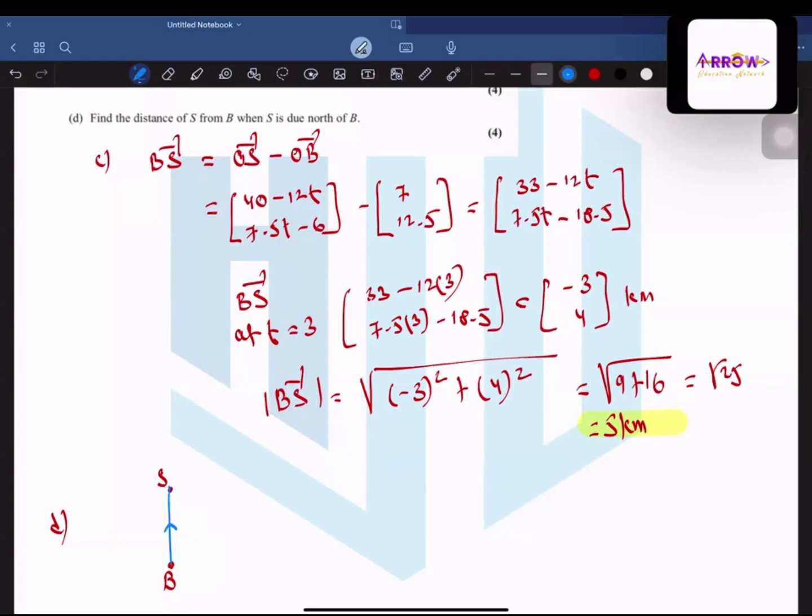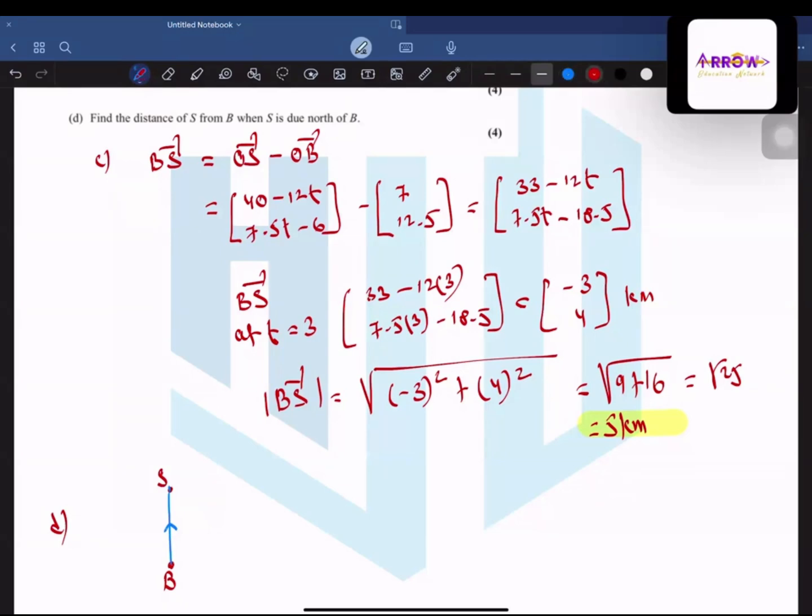Obviously we would need to find a value of t here. Once we are able to find the value of t, at that particular instant, we are going to find the BS vector in terms of i and j. Once you are able to find the displacement vector BS in terms of i and j, you will find the magnitude and then you would be able to get the required distance.